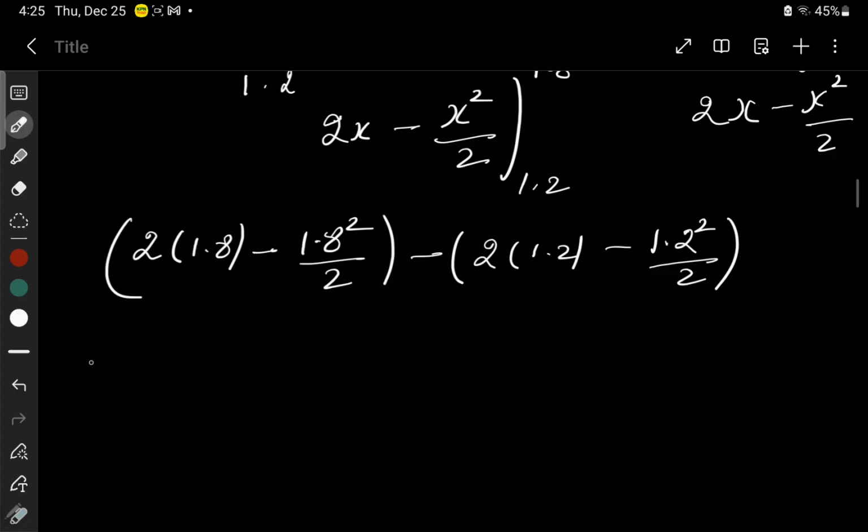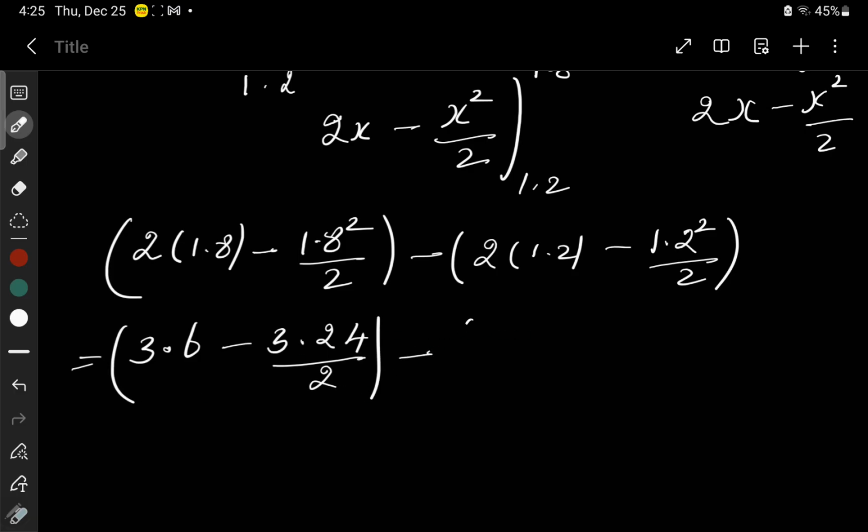You have to do the calculation here. 2 into 1.8 is 3.6. 1.8 squared is 3.24, so 3.24 by 2 is 1.62. Minus, 2 into 1.2 is 2.4, then minus 1.2 squared is 1.44, by 2 is 0.72.